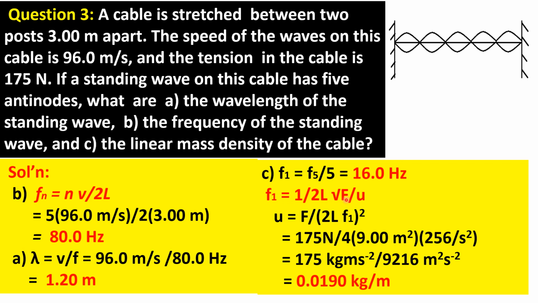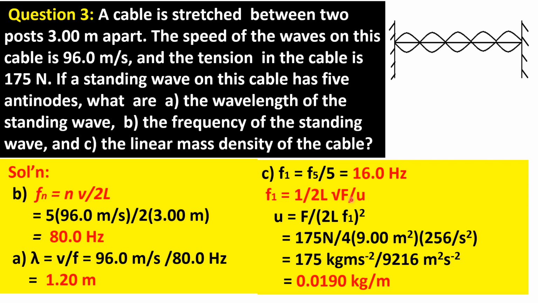So, from this formula, F1 equals 1, understood to be the number of antinodes, divided by twice the length of the cable, and then multiplied by the square root of the tension in the cable, or F, divided by the linear mass density.